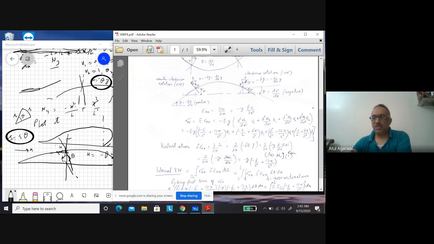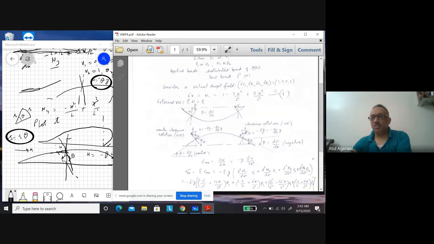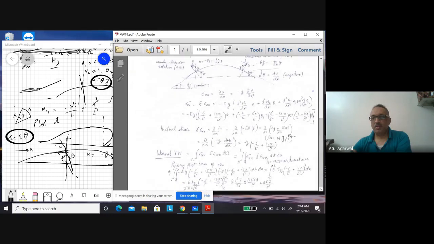And virtual displacement is N1 for the assumed virtual displacement field here. So virtual strain becomes derivative with x of minus y into dN1 by dx. This delta v1 is N1.